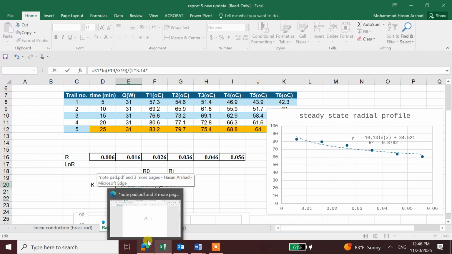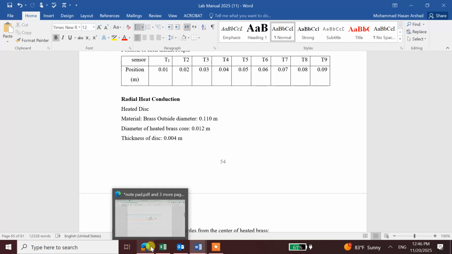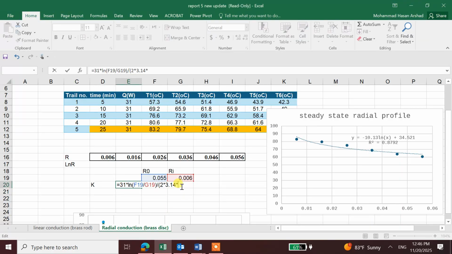Length is basically the thickness, which is given: 0.004.